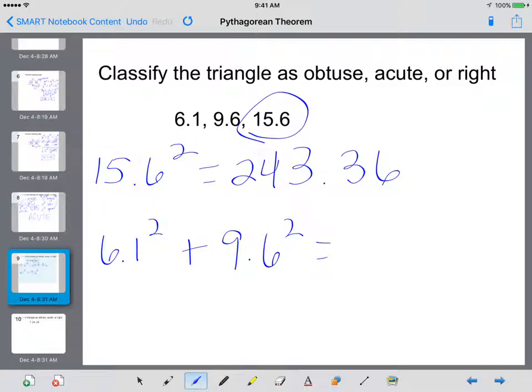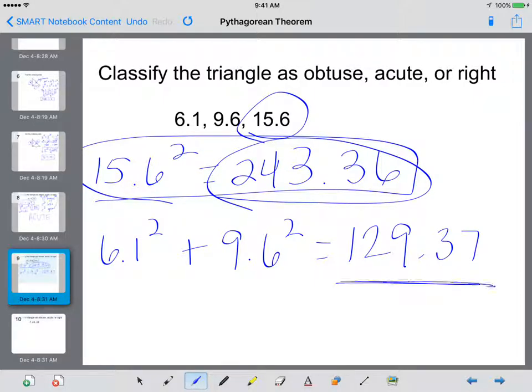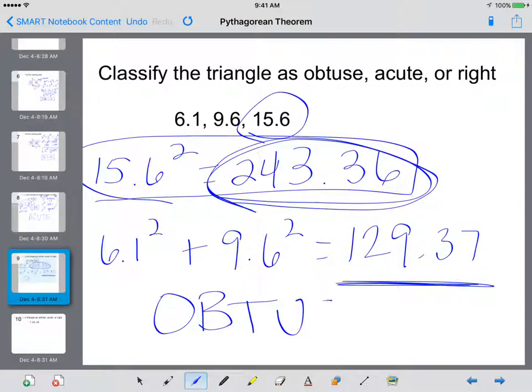If you have a calculator, you can follow along with me. We get 129.37. This represented my c squared. Is this number bigger than, less than, or equal to the a squared plus b squared? This number happens to be bigger. Therefore, this triangle I would classify as obtuse.